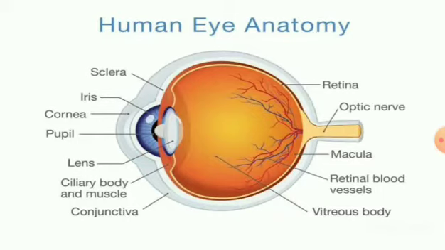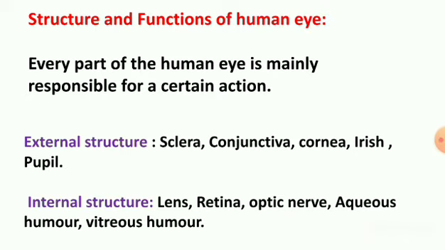Our eye can differentiate approximately 10 to 12 million colors and maintains the biological clock of the human body. The human eye can be compared to a camera, as both function by gathering, focusing and transmitting light through the lens for creating an image of an object.